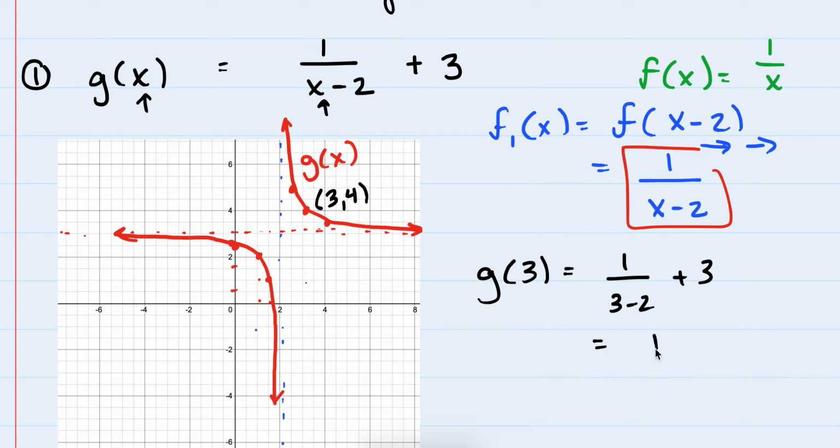I get 1 over 1 plus 3, which is indeed 4. And you can try the other points as well, and they should line up. So if you plug in the right x value, like this one here, 1, if you plug in 1, this will become negative 1, which will give you 2, which does go with this point here.